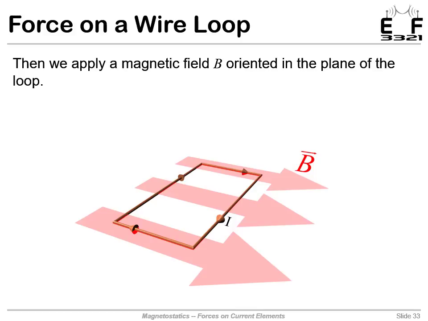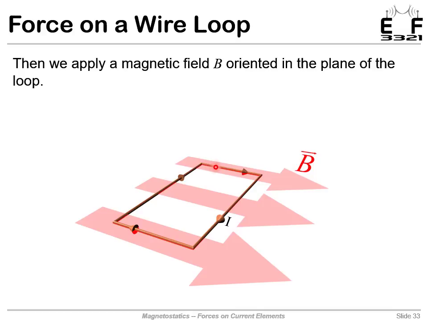So at this point, we can now walk around the loop and think about what the force will be. Along this edge, the current is in the same direction as the B field. And remember what happens with force. Force is the cross product of the current and the B field. So if the two vectors are in the same direction, we will get zero.